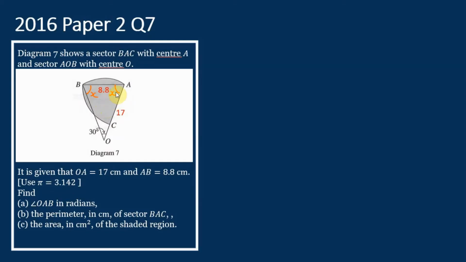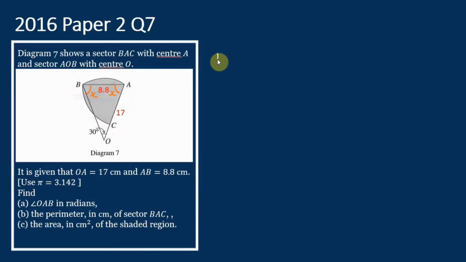To find these two angles, we take the angle sum of a triangle, which is pi, and then minus this 30 degrees. We need to convert it to radian first, and then we divide it by 2.